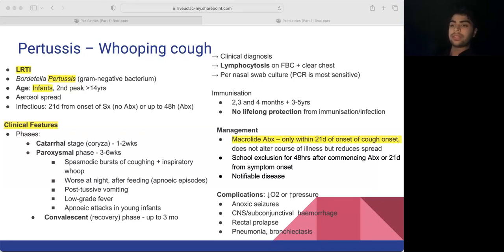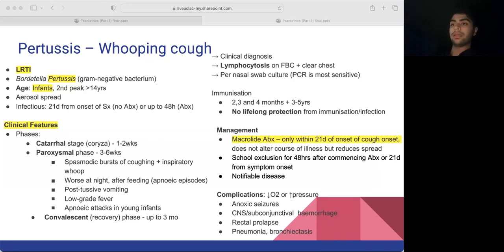And there's also this inspiratory whoop as the child tries to breathe in and catch their breath after coughing so much. And it can be particularly bad at night and also after feeding. And it can be so bad that it causes the child to vomit, which is what we call post-tussive vomiting, which is another characteristic feature that you can expect to see in exam questions. And then finally, after the paroxysmal phase, you get a convalescent phase, which can last up to 3 months.